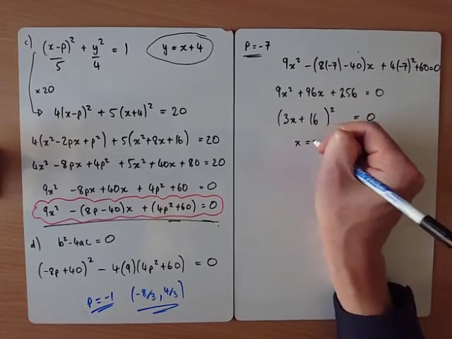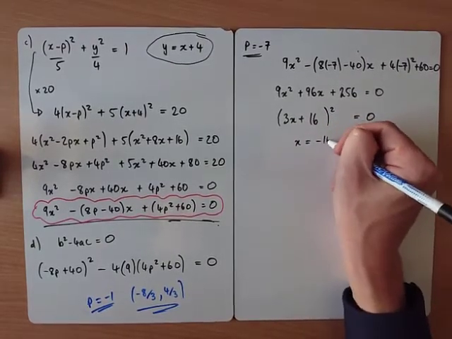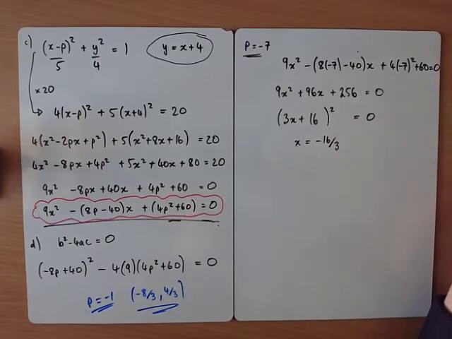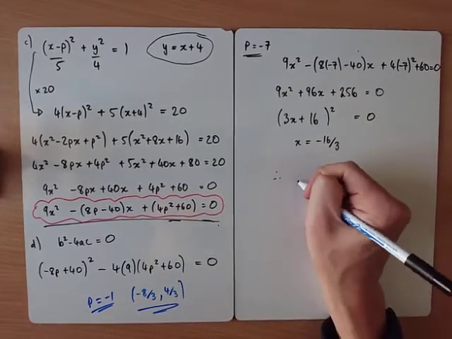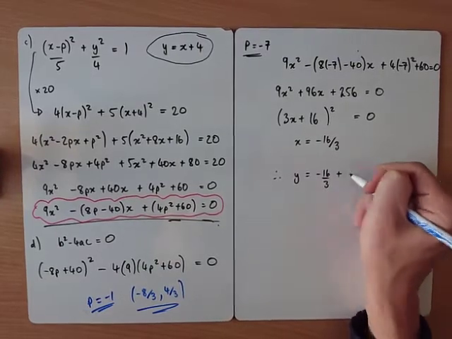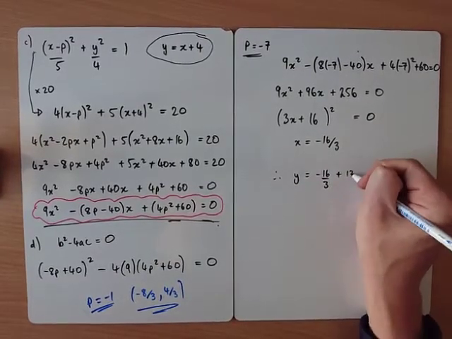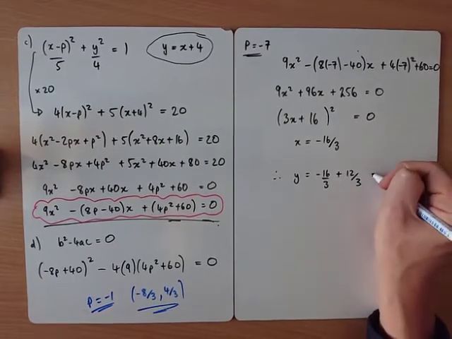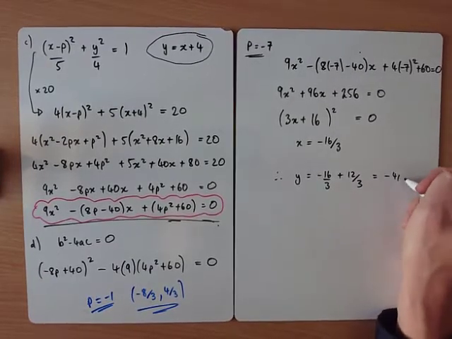So x would equal minus 16 over 3, therefore y would equal minus 16 over 3 plus 4, which is 12 over 3, so y would equal minus 4 over 3.